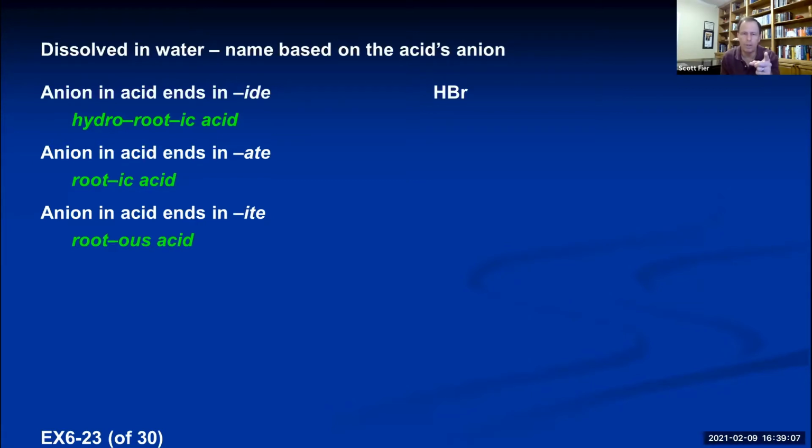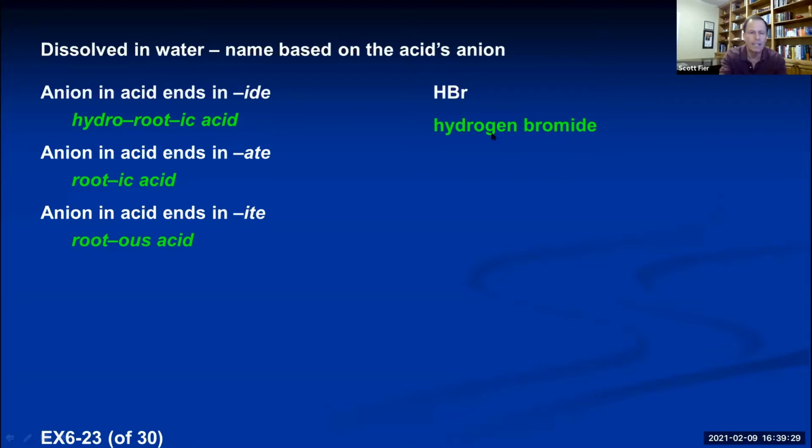So here's how you do this. You first have to identify what would be the name of that compound if it wasn't dissolved in water. So you name it as an ionic compound. So I'm going to write in green here what my brain is thinking, but this is not the answer. I would go, HBr is hydrogen bromide. Now, why do you think that? Because you have to know what the name of the anion is. And look, it ends in IDE.